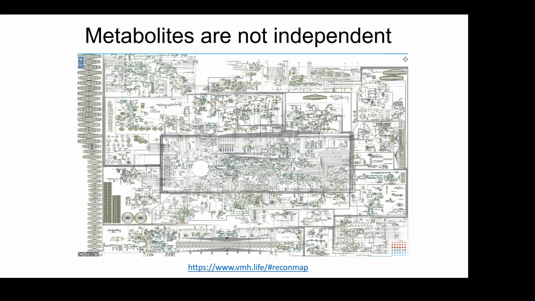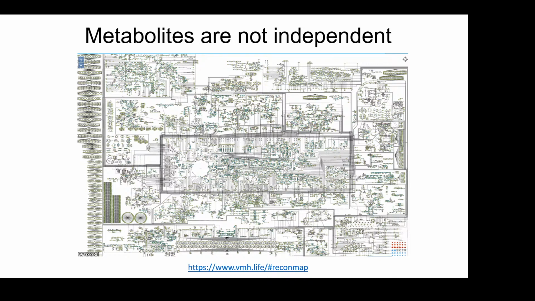Before we dive into set analysis, ChemRICH, and why we need to do it, we all need to remember that metabolites are not independent. Levels of a metabolite can depend on levels of other metabolites.